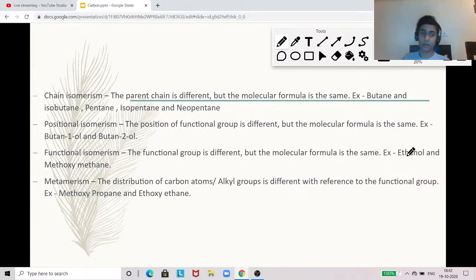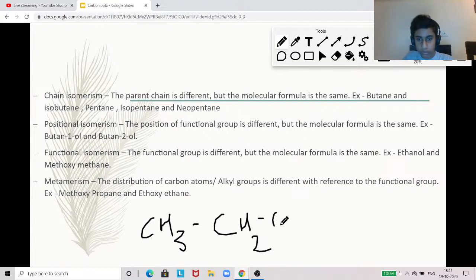Example, ethanol or ethyl alcohol and methoxymethane or dimethyl ether. Let's just see the structures of ethanol and methoxymethane. Ethanol is just CH3 CH2 OH. What about dimethyl ether or methoxymethane?